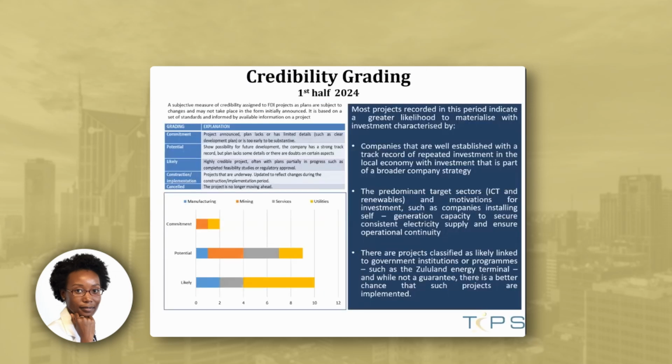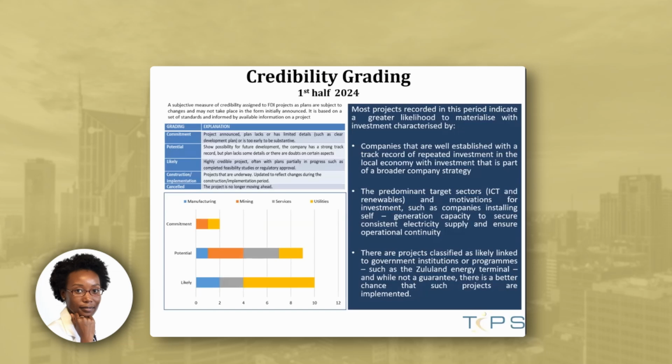We have a matrix called the credibility grading. This is just for us to say to what extent we think an investment will materialize. And what we noted over this period is that most of them we ranked as being likely to materialize. These are characterized by companies that are well established with a track record of investment.